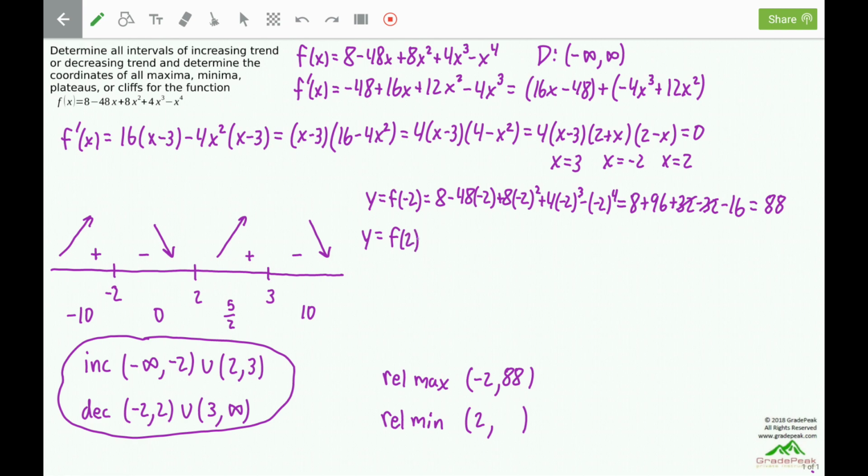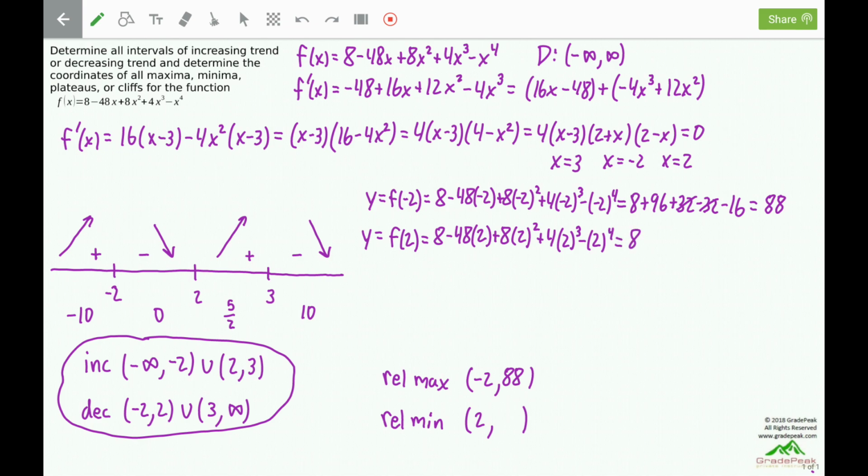So y will equal f of 2, which is 8 minus 48 times a positive 2, plus 8 times a positive 2 squared, plus 4 times a positive 2 cubed, minus a positive 2 to the 4th, which is 8.